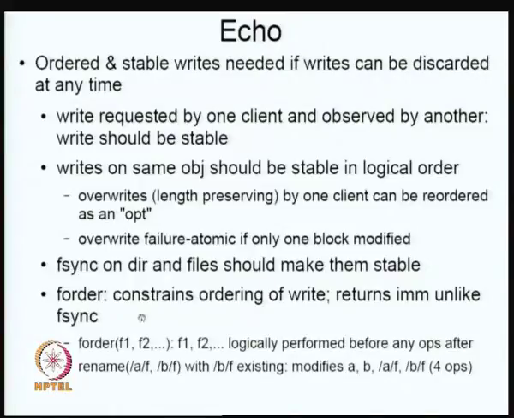Currently, the reason it is not done is that the number of disks is quite small typically, and the need for parallelism across multiple disks is not very high. It is there in big databases and some other systems, but in most systems the number of disks is rather small. Therefore, you do not have the need to figure out partial orders, so that many things can be flushed to disk in relaxed orders, and only those things that need to be ordered in a particular way are specified and flushed in that order.